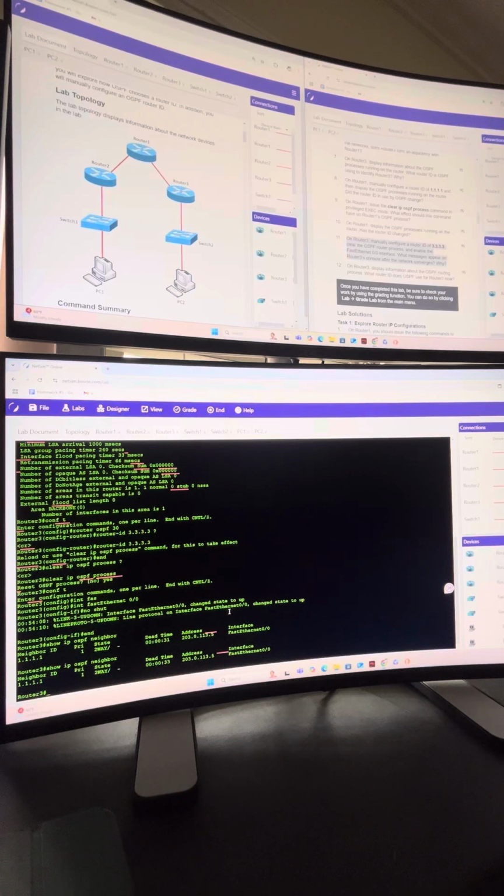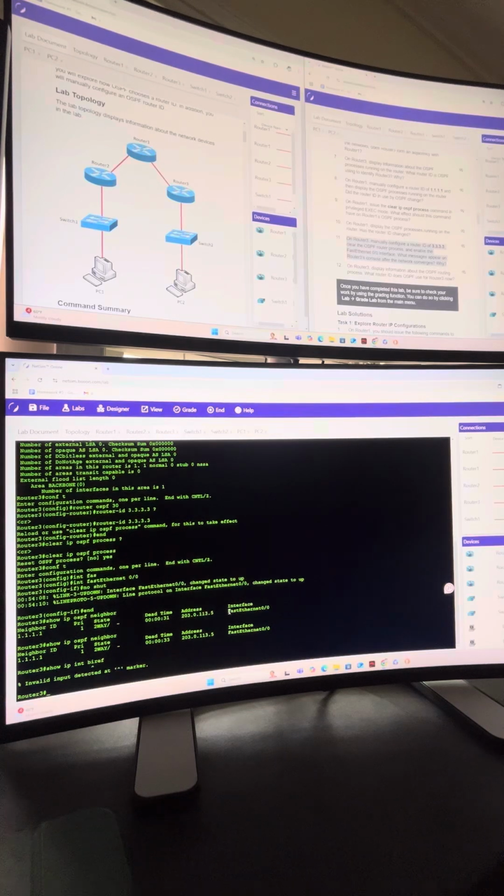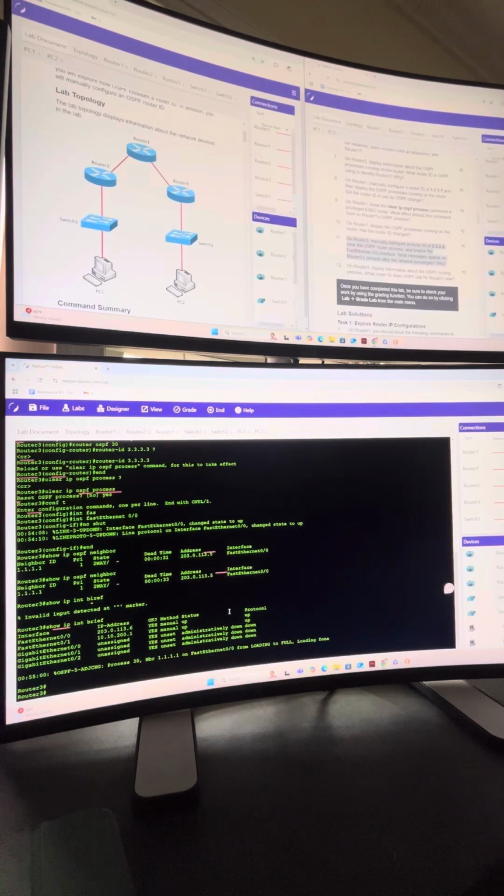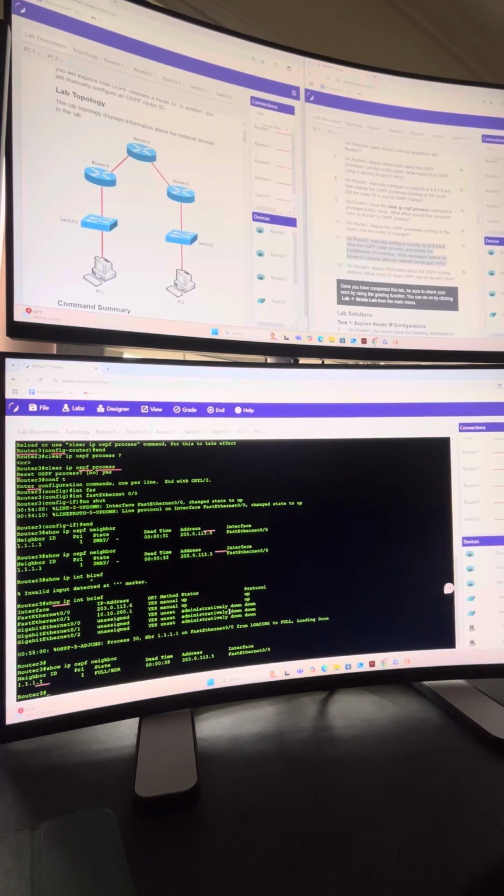Let's do a show ip interface brief. I was about to say we should have seen that adjacency, and we just saw the adjacency come up. So now we can see that we're in the full state. All righty, looks good. So that is the message that should have appeared after the network converges.